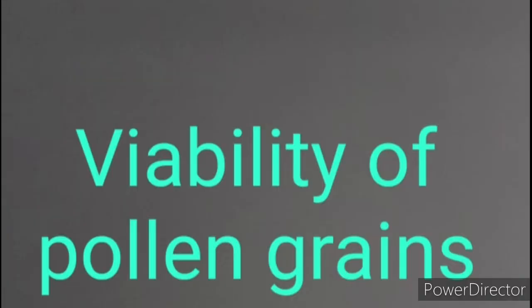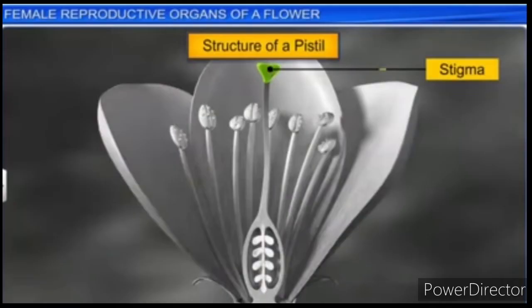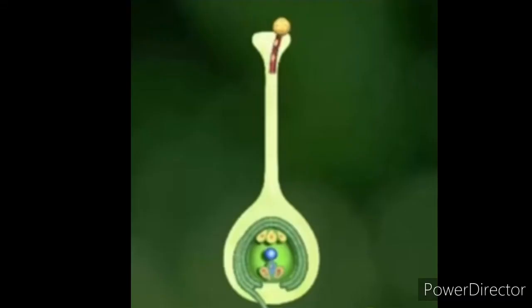What is viability? Viability means the ability to work successfully. See that one pollen grain that is landing on the stigma of a flower. That is the ability of the pollen grain to perform its function of delivering the male gametes to the embryo sac.